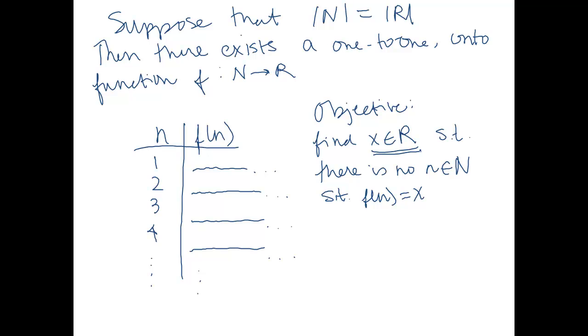It must be onto if these two sets are the same size. Okay, so if we can do that, then we have our contradiction. Okay, so how do we find this x? We're actually going to construct it explicitly.